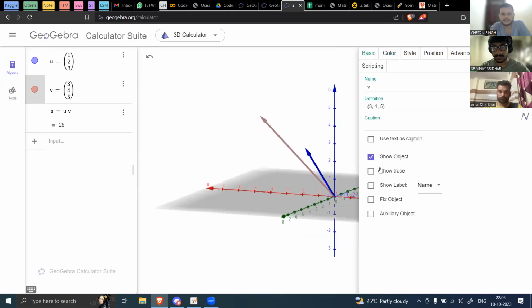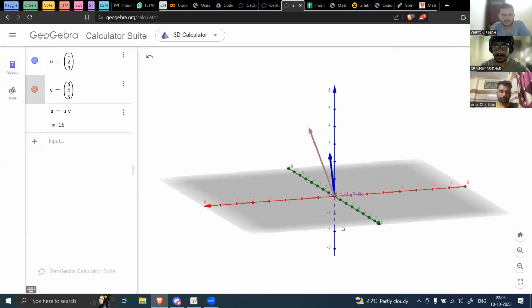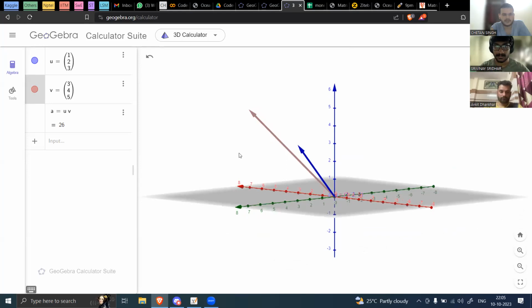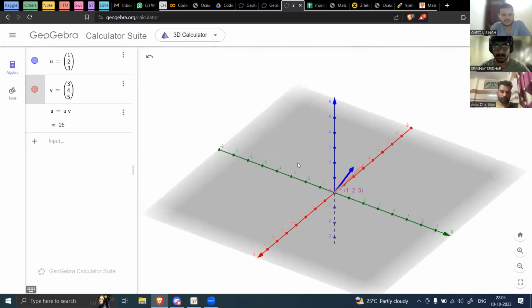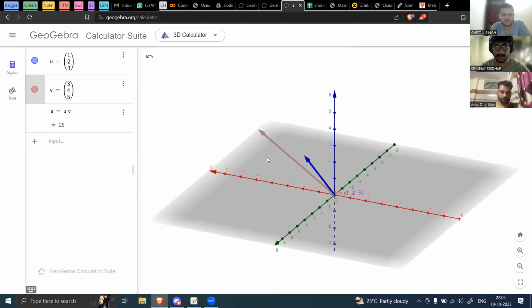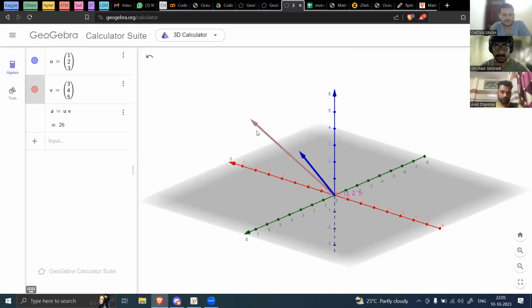So now we can see that we have two vectors. We'll change the value of one vector, that is v. We'll try to get 0 and see what happens. Can we change it? No, I think you place u x y z and then put them in the u, v vector. Then you can be changing it with that slider.